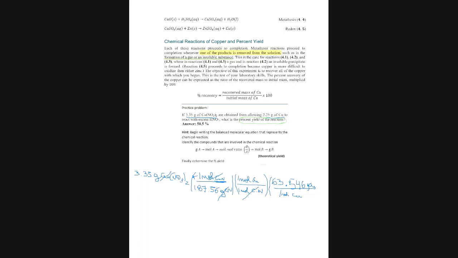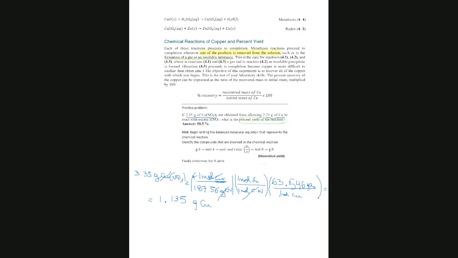And when I do all these calculations, I will find that 3.35 grams of copper have 1.135 grams of copper. This is the first step.